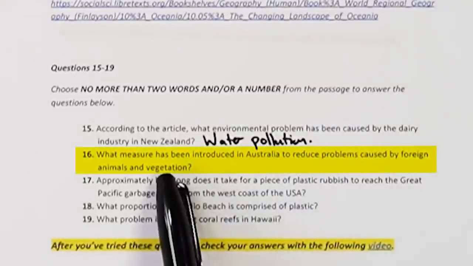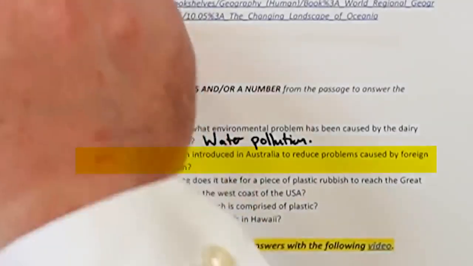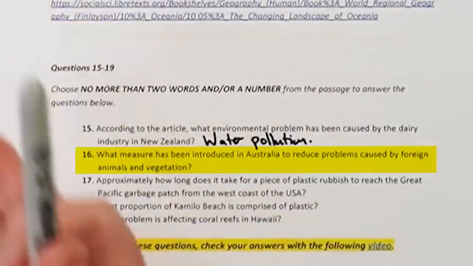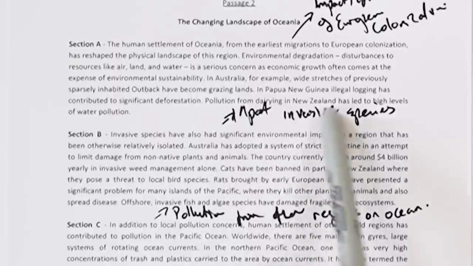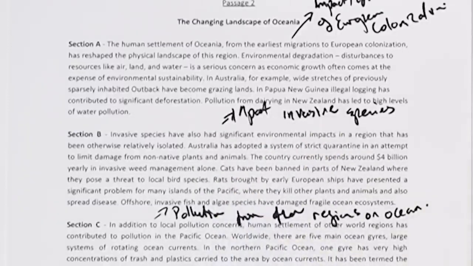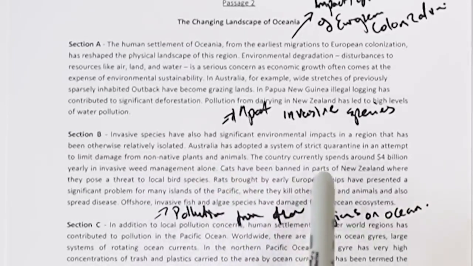What measure has been introduced in Australia to reduce problems caused by foreign animals and vegetation? So remember, we created our own headings, and it's talking about foreign animals. We talked about invasive species here. So again, it's much easier to find the correct answer, because we can go up here, okay, find Australia here.